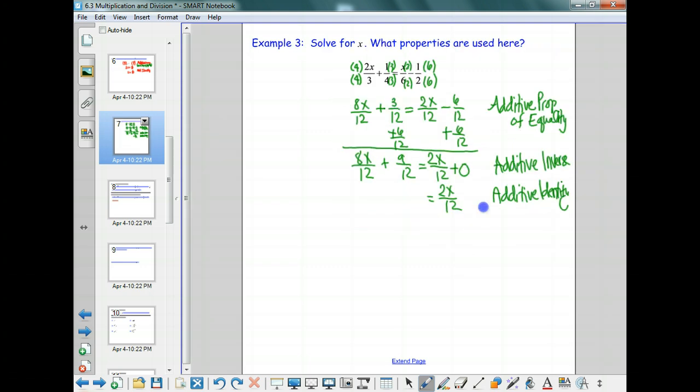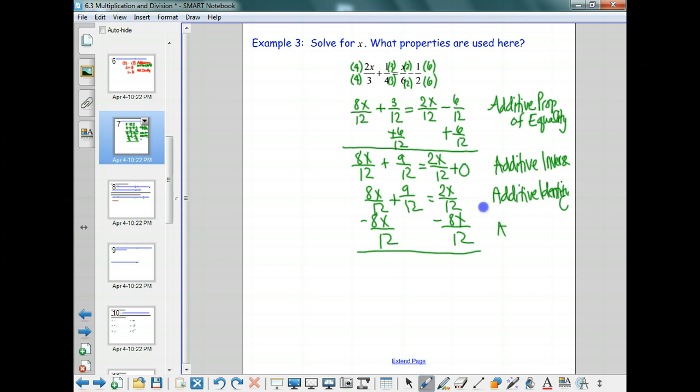Okay. I still have 8x over 12 plus 9/12 on the left. Now what? What do you want to subtract, Caitlin? Okay. Minus 8x over 12. And in doing so, we've got the same properties we just did, right?